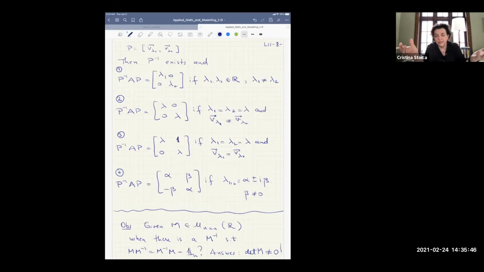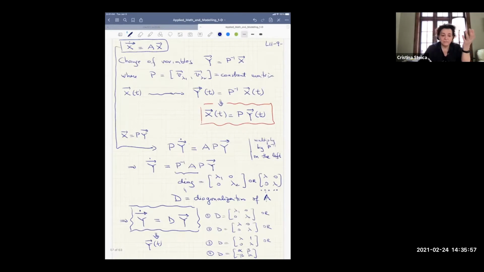Using a certain change of variables, we can turn the system in capital X, Y into a system in little x, little y, via y is P inverse x, where P is the change of basis matrix.